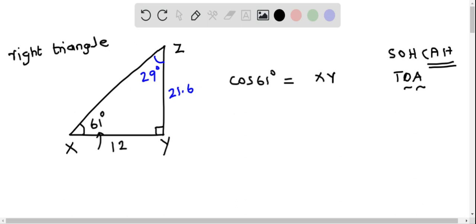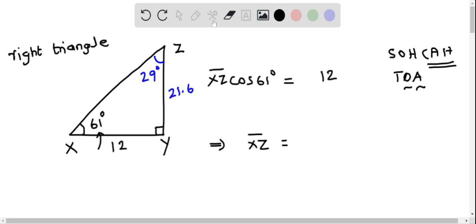So I write this as segment XY over the hypotenuse, which is XZ, and we know that XY equals 12. So therefore this can be replaced with 12, and this means we can now solve for the segment XZ. We first multiply both sides by XZ, then we will have XZ times cos of 61 equals 12.